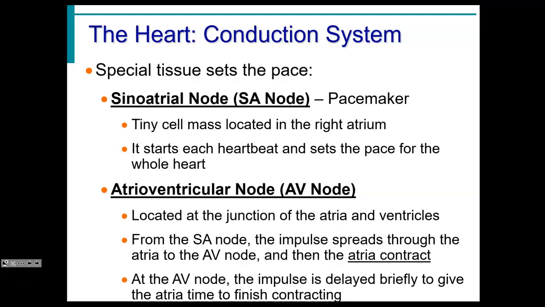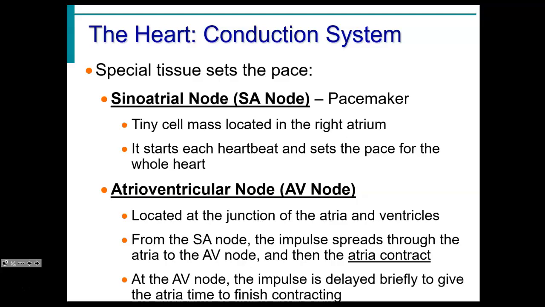So if somebody has an artificial pacemaker in their chest, it's because their conduction system is not working correctly. The SA node is not creating an efficient enough impulse to make the heart work, so that pacemaker is in there to be an artificial source of that. So that's the SA node. That's how it all starts, the depolarization process.